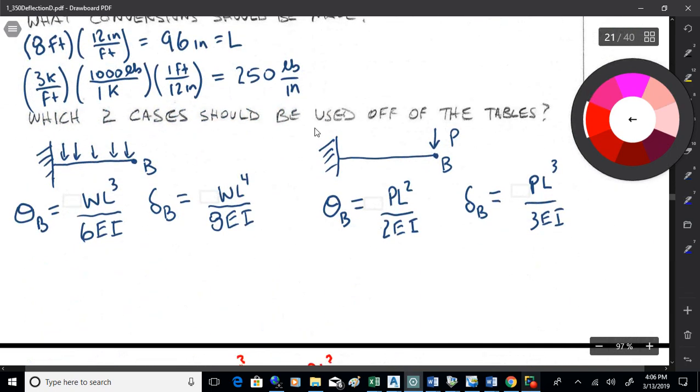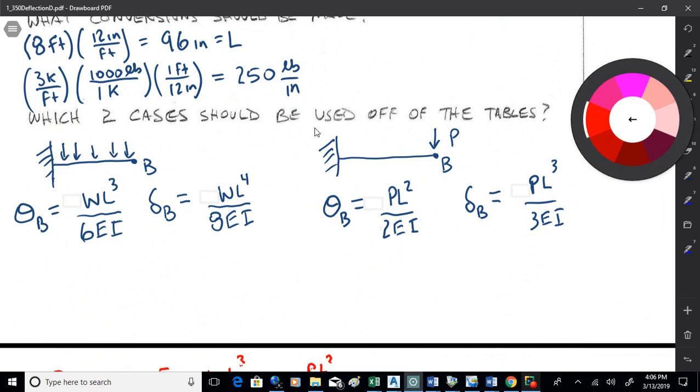So I'm going to use the cantilever with a distributed load. The angle for that is WL cubed over 6EI. And the delta for that is WL to the 4 over 8EI. And then I'll use the situation there with a cantilever with a load at the end. The angle or slope at the end of the beam is PL squared over 2EI. And the delta for that is PL cubed over 3EI.